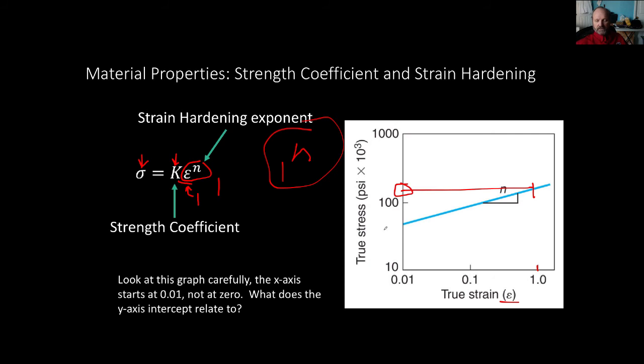That's the stress at which epsilon is equal to 1. Okay, so this term, 1 times K is K. This term becomes not important for finding K.